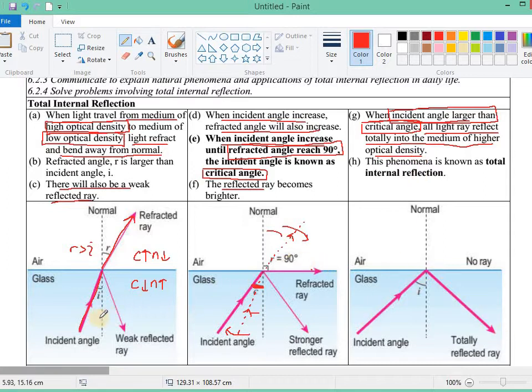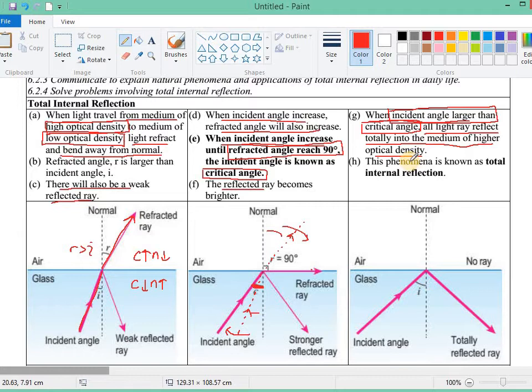Basically, this reflected ray at first is very weak, and then as the angle increases, the light ray that is reflected back inside becomes stronger and stronger, until when the incident angle is larger than the critical angle, all of the light ray will be totally reflected inside.